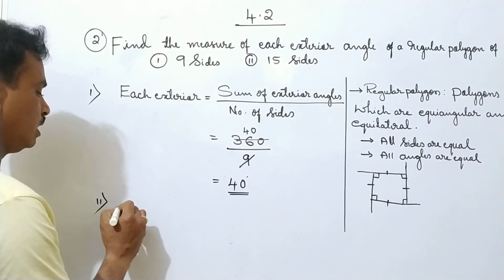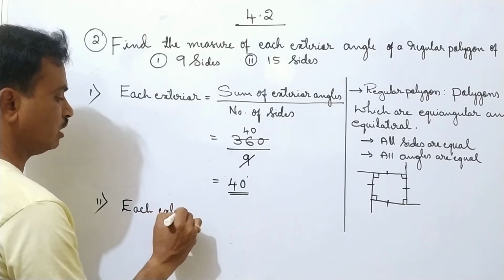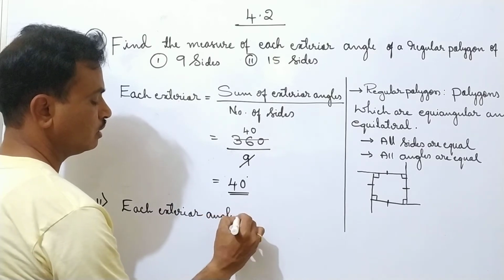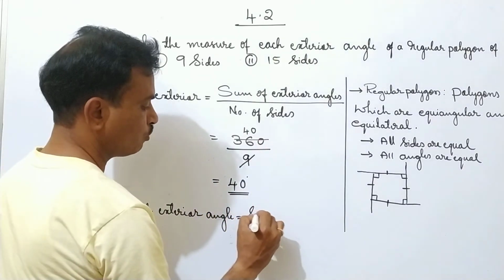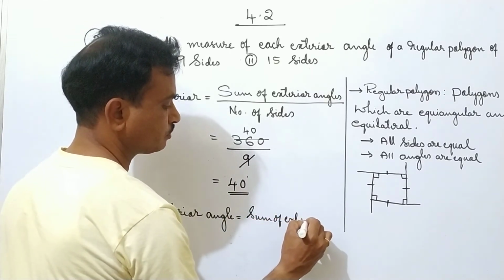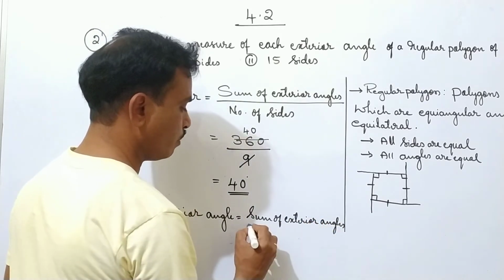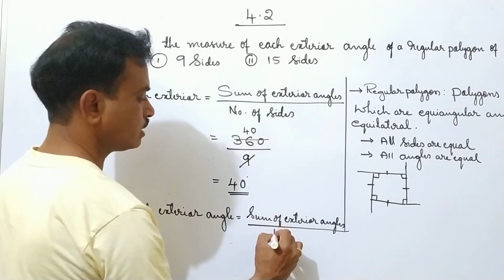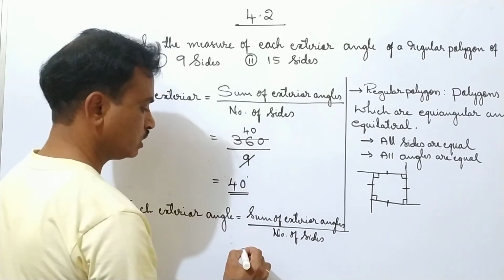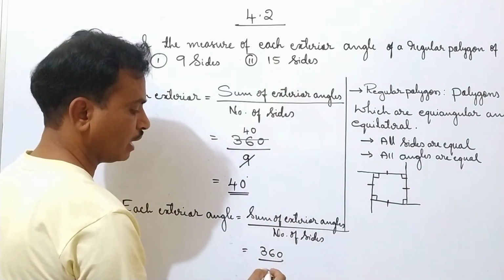So for 360 degrees, each exterior angle, the same formula we can write: each exterior angle is equal to the sum of exterior angles, whole divided by the number of sides. So this is equal to 360 degrees divided by 15.